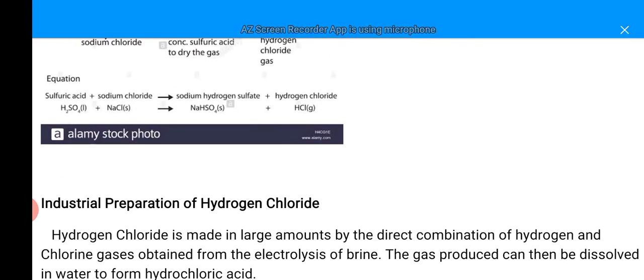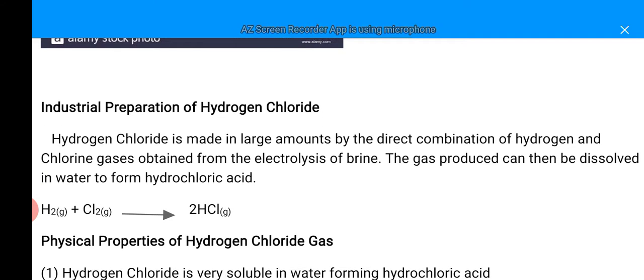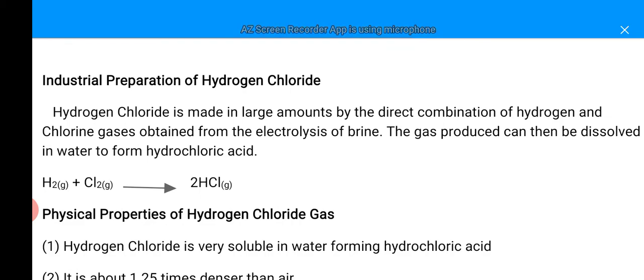How can we prepare this in the industry on a large scale? That takes us to industrial preparation of hydrogen chloride. This hydrogen chloride, one of the compounds of chlorine, is made in large amounts by direct combination of hydrogen and chlorine gases. Where do we form them?